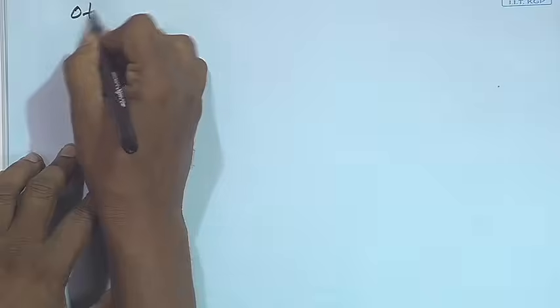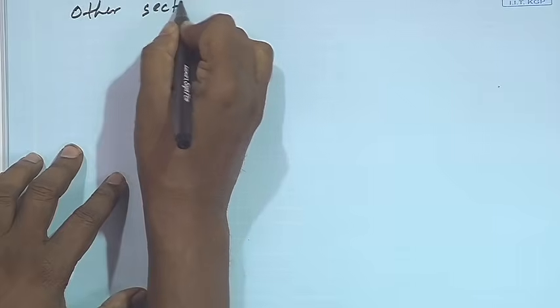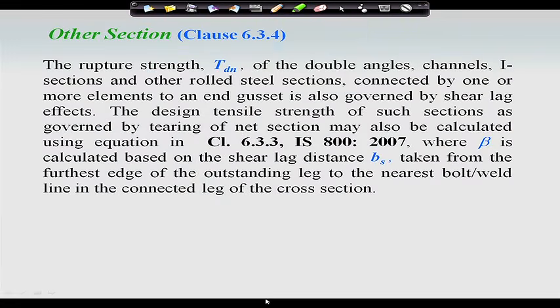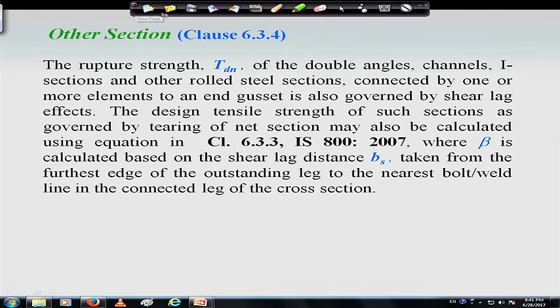For other sections, which are given here, it is written in clause 6.3.4, which I have represented here, that is the rupture strength Tdn of the double angle, because earlier we calculated for a single angle. Double angles, channels, I sections and other rolled steel sections connected by one or more elements to an end gusset are also governed by shear lag effects.